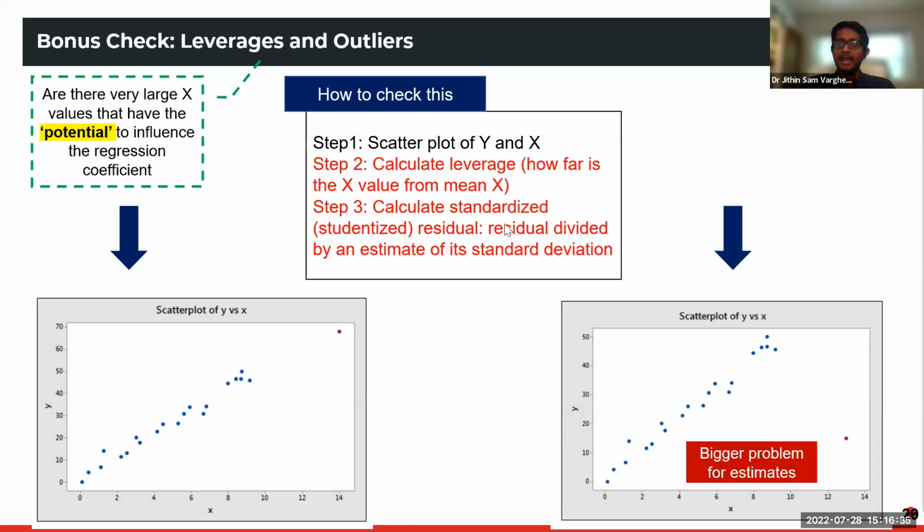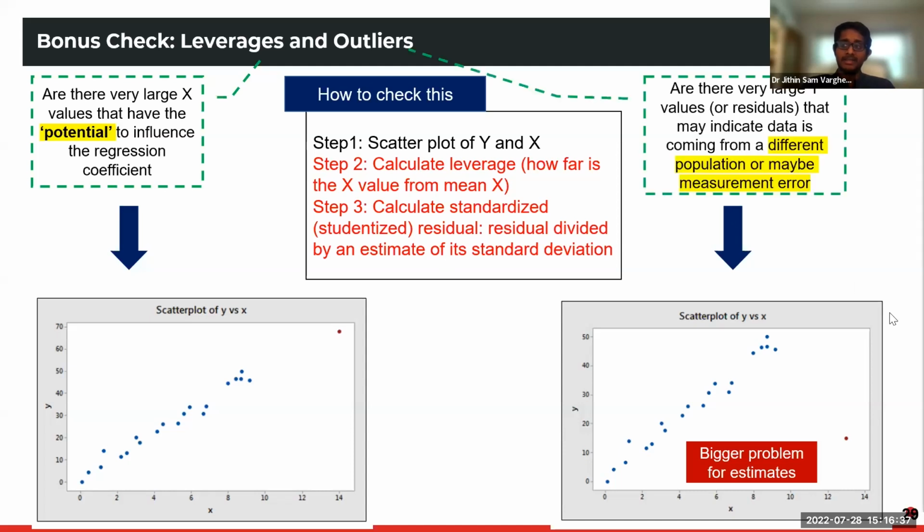Now, if we have large or small Y values related to the X values, it may indicate that the data is coming from a different population, and this presents a bigger problem. Because in this case, you can actually draw a straight line and this value will still fall within this line. But here, this point does not fall within the regression line.